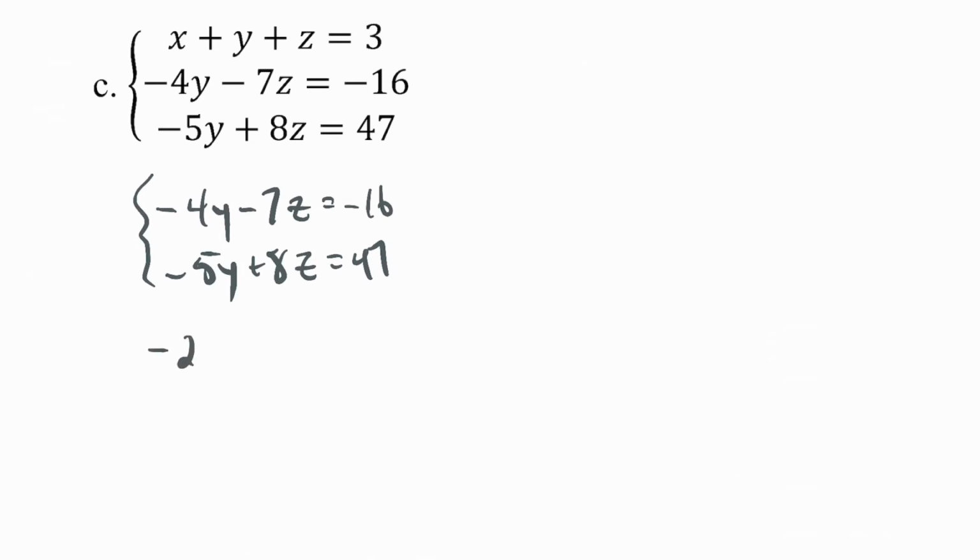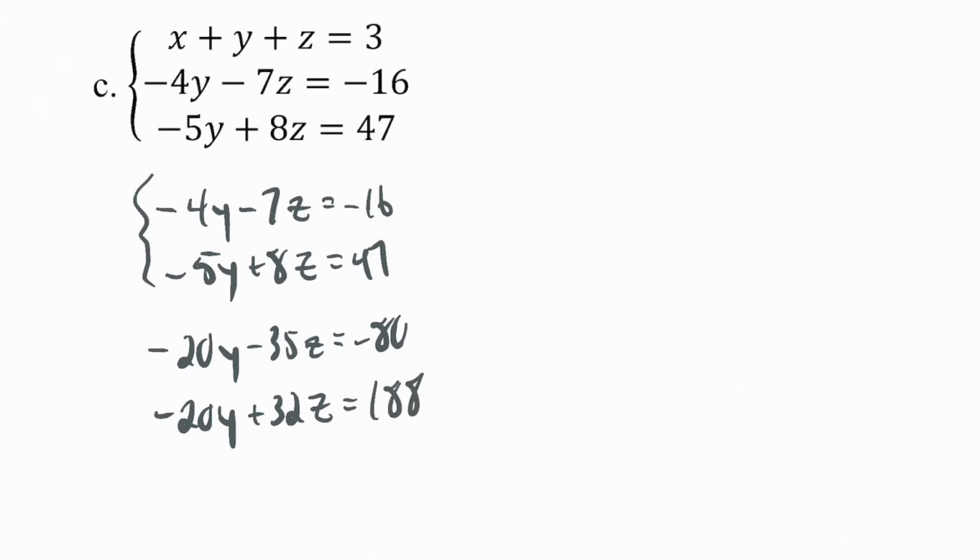So negative 20y minus 35z equals negative 80. And then the bottom equation I'll multiply by 4. So negative 20y plus 32z equals, and what is that? 188. Double check that.